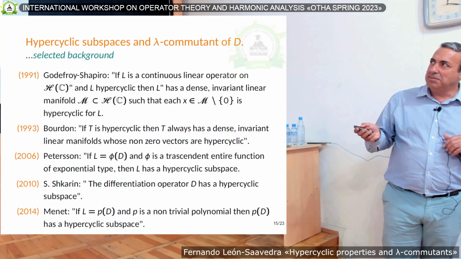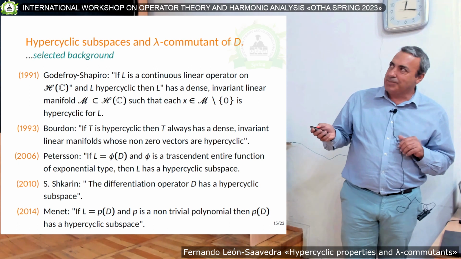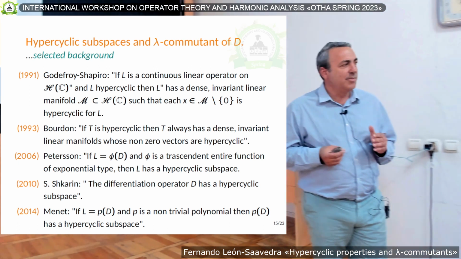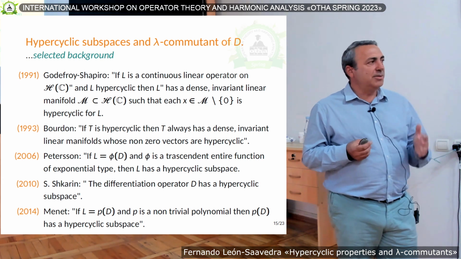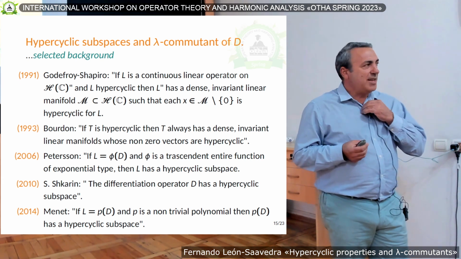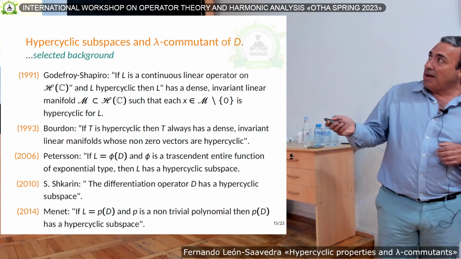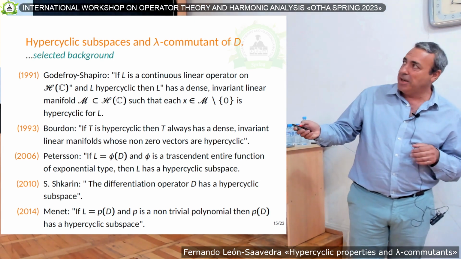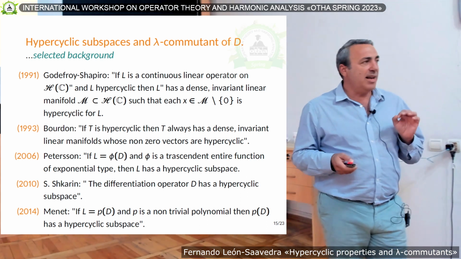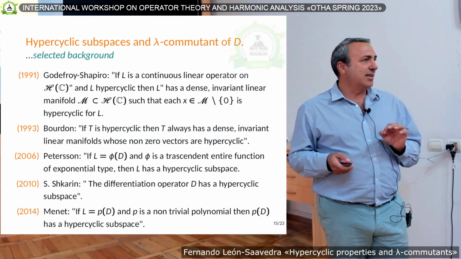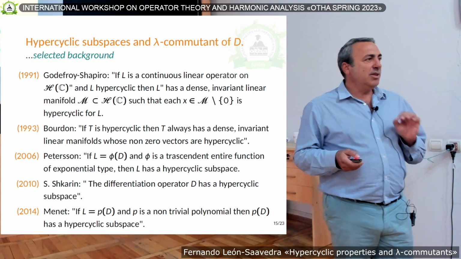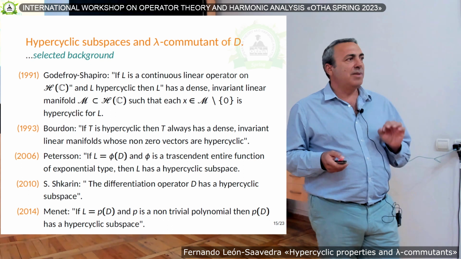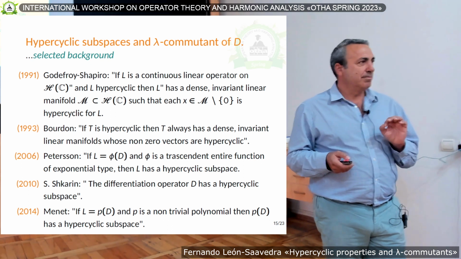So the history begins a little before Godefroy and Shapiro, in the work of Bossamy. Bossamy constructed an operator on Hilbert space with a dense linear manifold M whose non-zero elements are hypercyclic. So Bossamy constructed a pre-Hilbertian counterexample to the invariant subset problem.